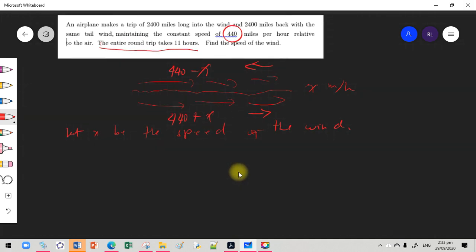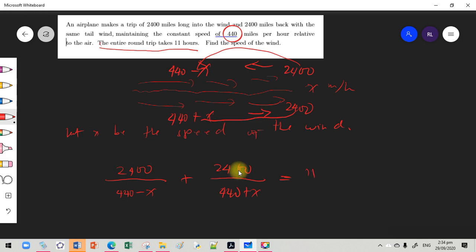The time is distance divided by speed. So that's 2,400 divided by 440 minus x, plus the same for the return trip, 2,400 divided by 440 plus x, and the whole trip is 11 hours.